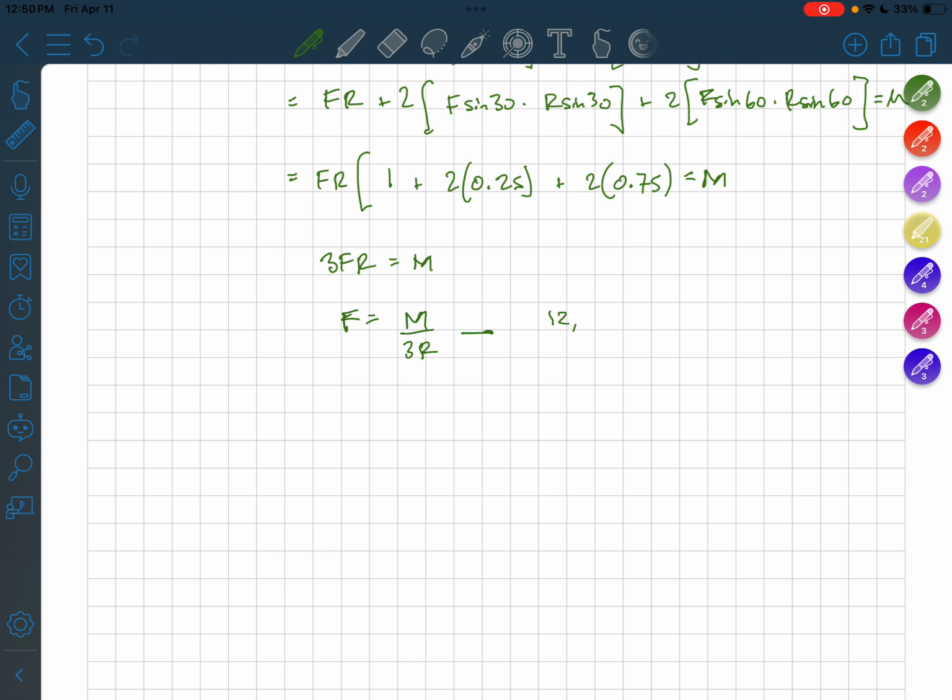M is equal to 12,000 pounds force inches. That comes from our problem statement. 3. And what is R? R here is going to be dBc over 2. 8 over 2 equals 4 inches. 4 inches. So inches cancel, and we are left with F equals 1,000 pounds force.